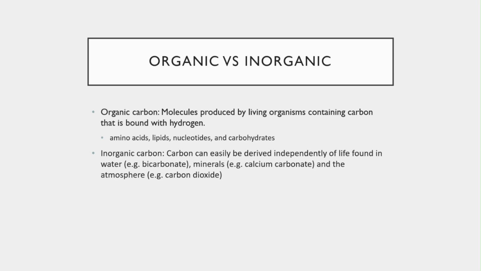Carbon in these molecules have carbon-hydrogen bonds. These would include the four basic building blocks of life: amino acids, lipids, nucleotides, and carbohydrates. Inorganic carbon is carbon generally derived abiotically, and so it can be found in minerals, water, and the atmosphere, such as calcium carbonate, sodium bicarbonate, and carbon dioxide.